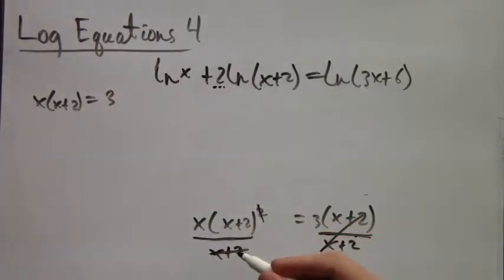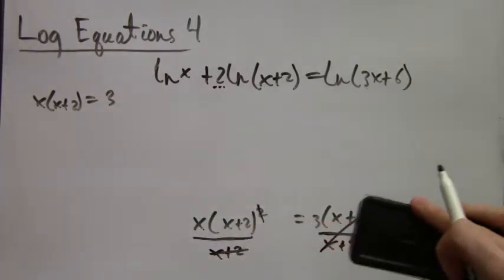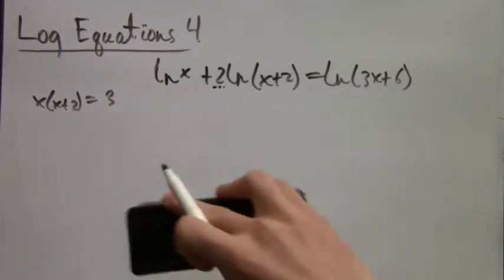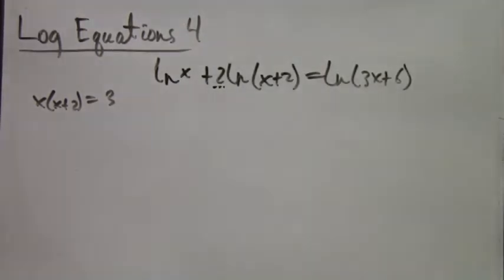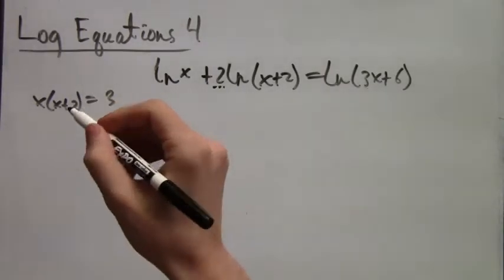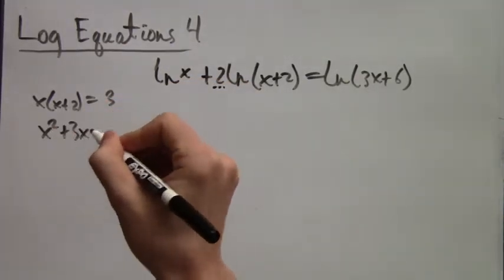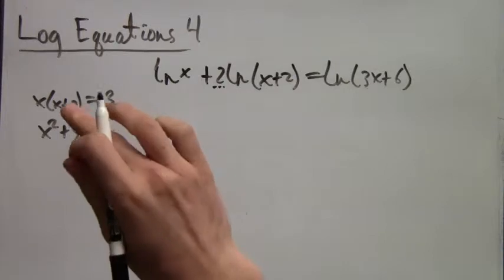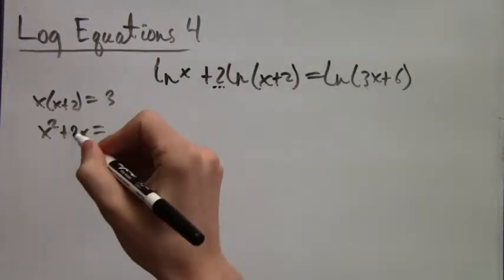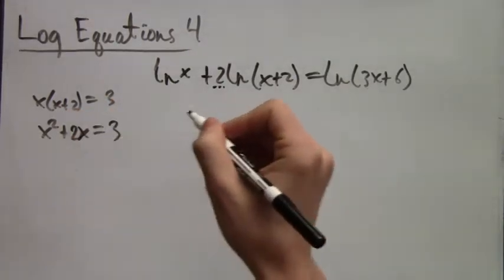Well, hey, it's a quadratic equation. All we need to do is distribute the x, and we'll have our x squared term. So we get x squared plus 2x is equal to 3.